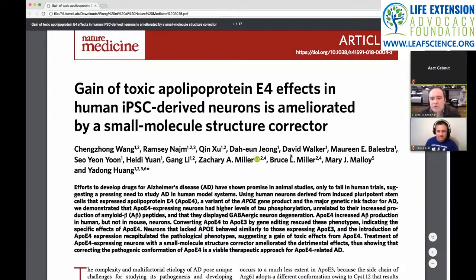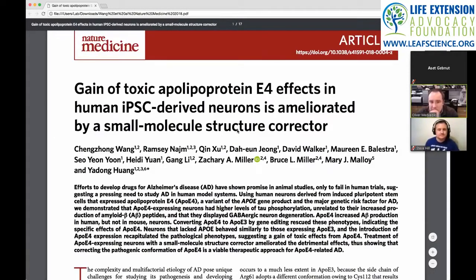This paper introduces a couple of novel things. One is that a lot of the Alzheimer's studies, a lot of the studies on drugs have been done in mice. There are mouse models, but there are a lot of problems with those models because some of the things that are seen in mice are not seen in humans, and they mention some of these things in this paper.